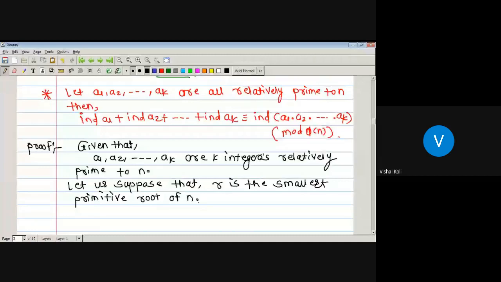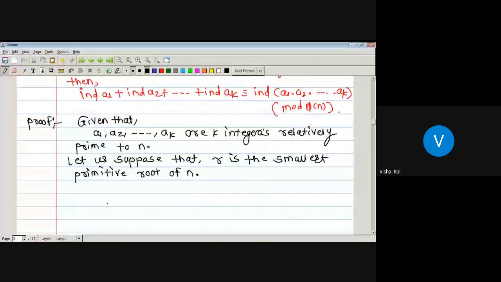As r is the smallest primitive root of n and a1, a2 up to ak are k integers relatively prime to n, then by the definition of index of a modulo n, r to the power index of a1 is congruent to which integer?